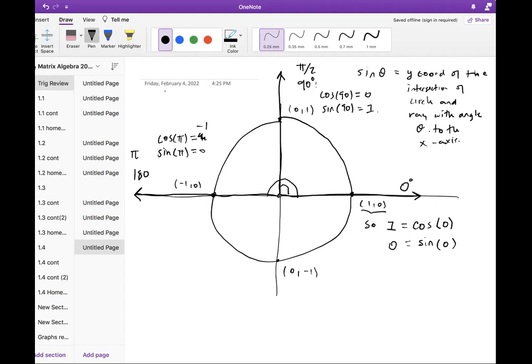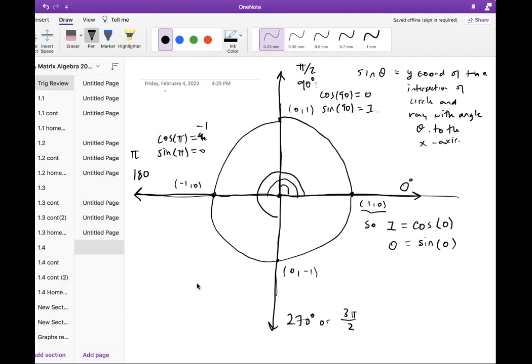Now let's take the ray that is 180 plus 90, or 270. This one here. It's 270, or 3 pi over 2. And why is it 3 pi over 2? Well, it's just pi plus pi over 2. And again, why is it pi? It's just pi over 2 plus pi over 2.